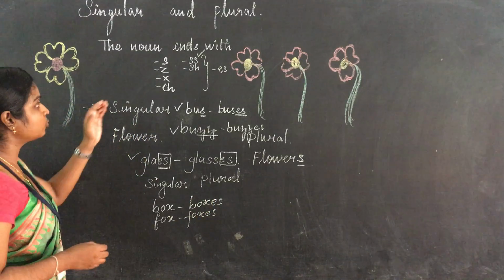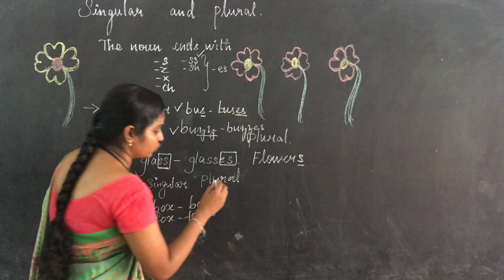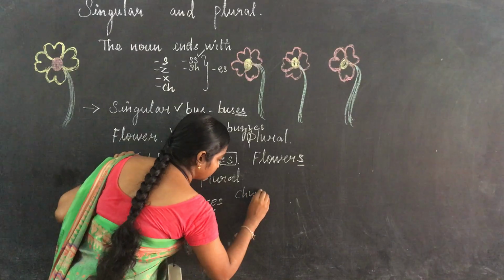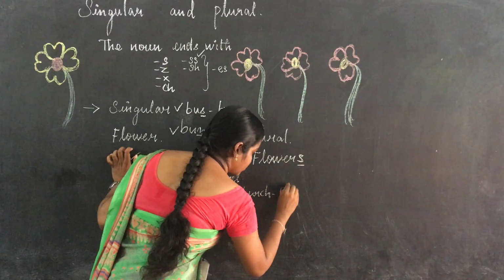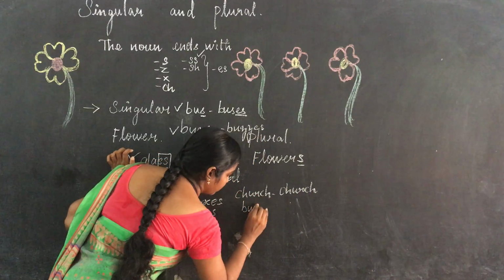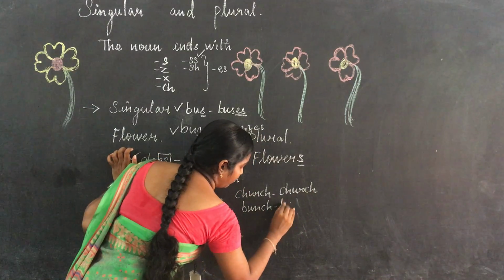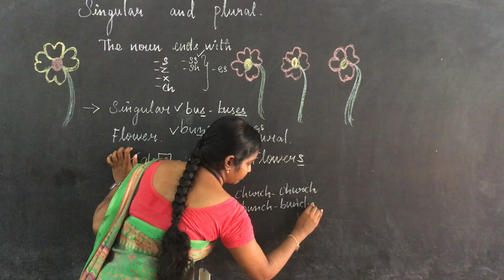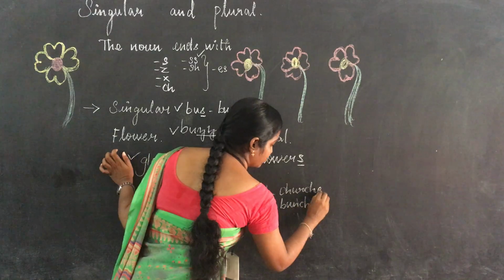Are you clear? Come to the next one, CH: church, churches. Bunch, bunches, churches.